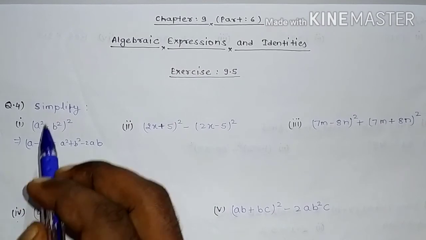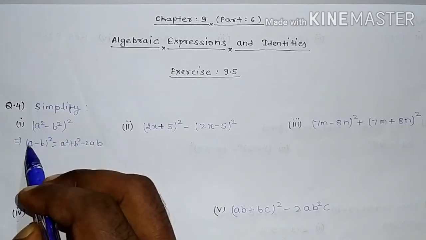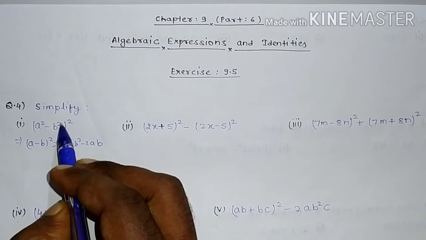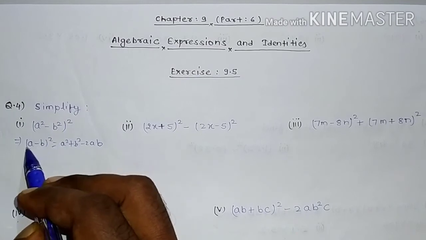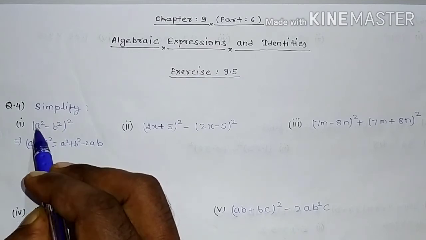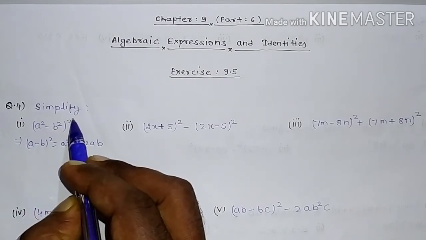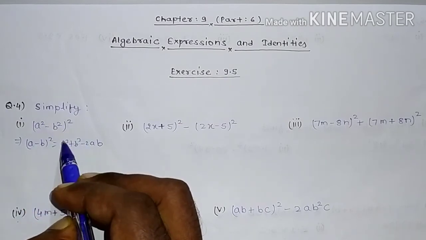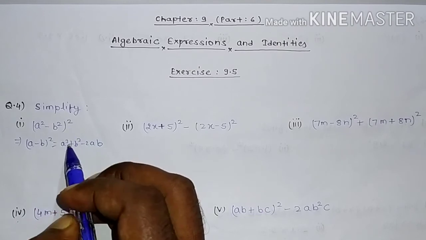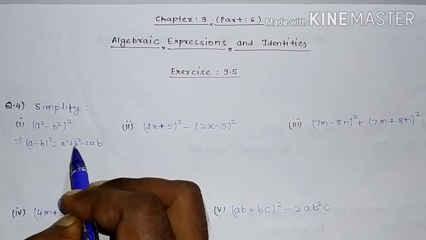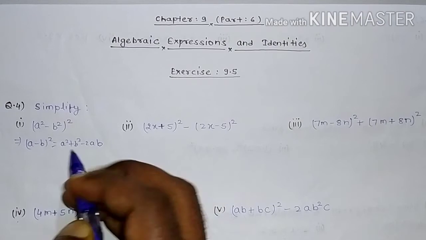So a square is equal to a, b square is equal to b. So it looks like a minus b whole square. Just apply the formula: a square plus b square minus 2ab.